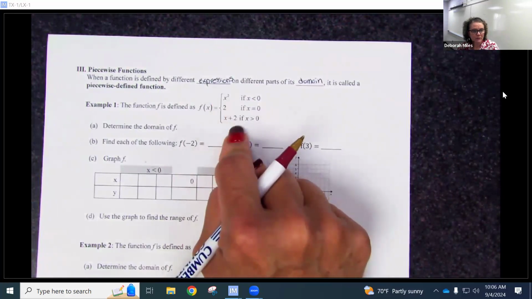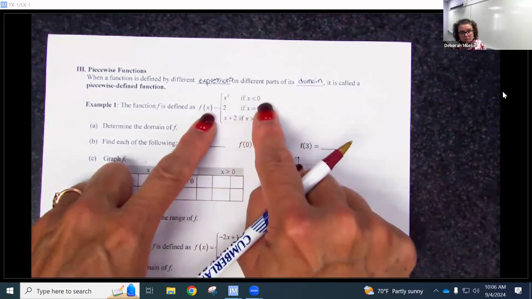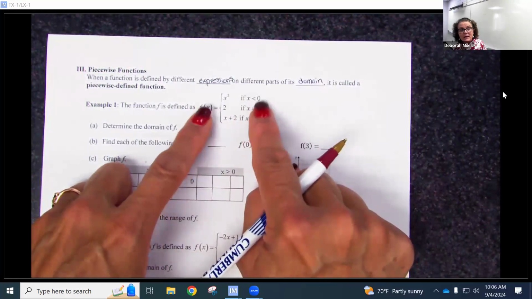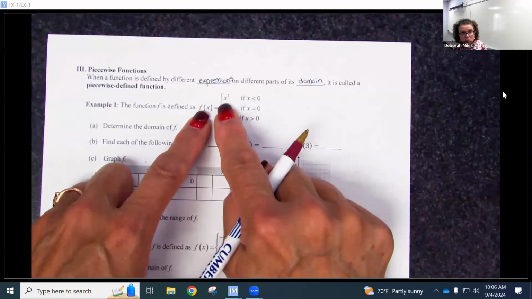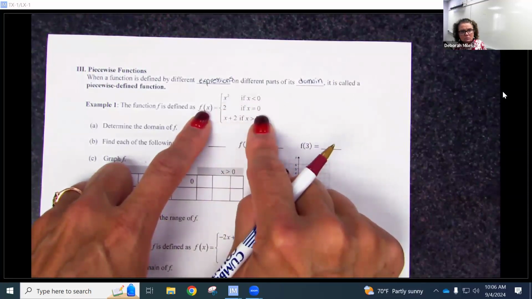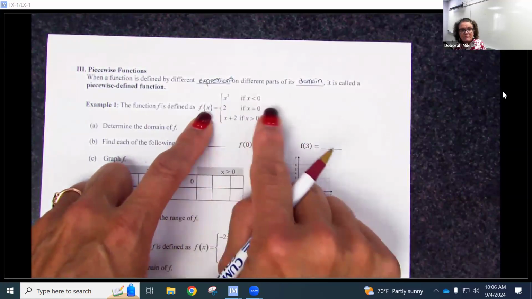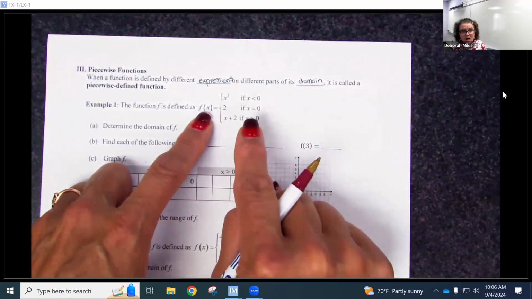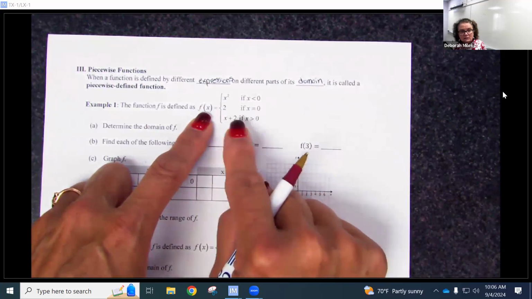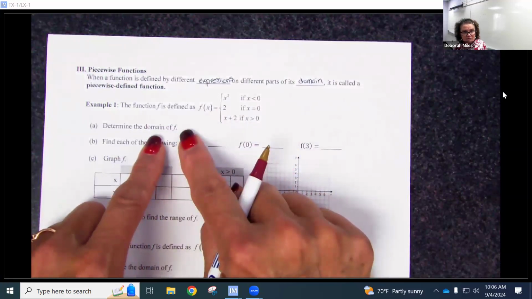It has 3 parts. For all the x's less than 0, in other words, if I put in a negative number, I square it to get the y. If I put in a 0, this function is just going to spit out a 2. And if I plug in a positive number, this function is going to add 2 to it. So what's the domain of this function?